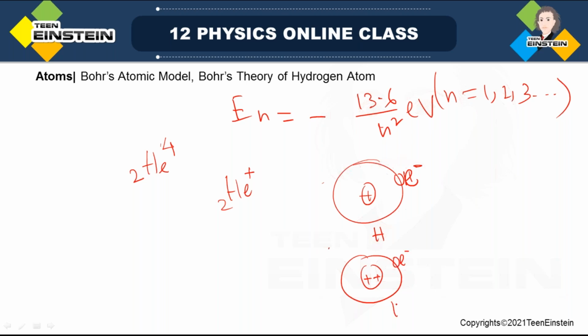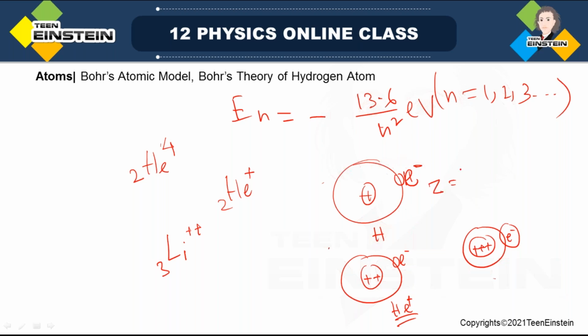So this is the case for singly ionized helium. If you take lithium, lithium has three protons actually, so you have to take doubly ionized so that you get one electron in the orbit. Three protons, but only one electron in the outer orbit.